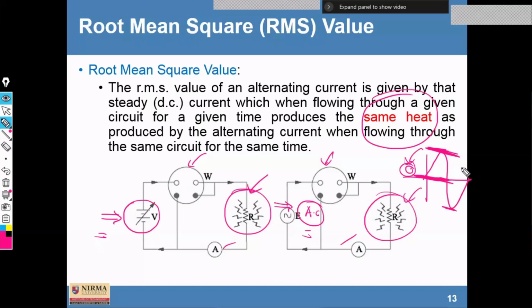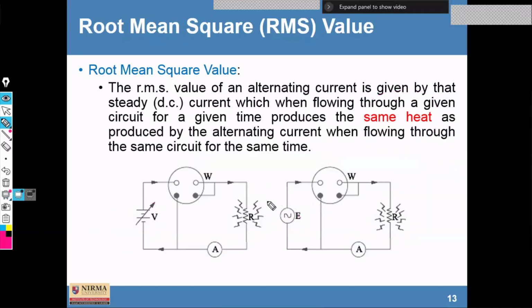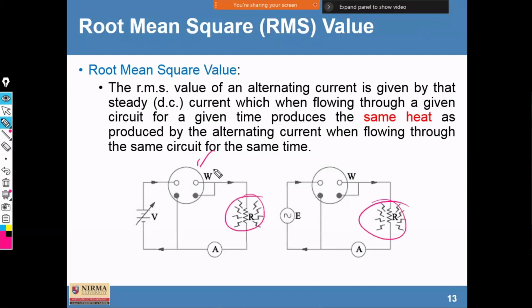He connected a battery here and an AC source here, and then he measured, because the resistance is the same, the amount of current flowing through this ammeter, that is IDC, and here it is IAC, or we can say AC current and DC current.